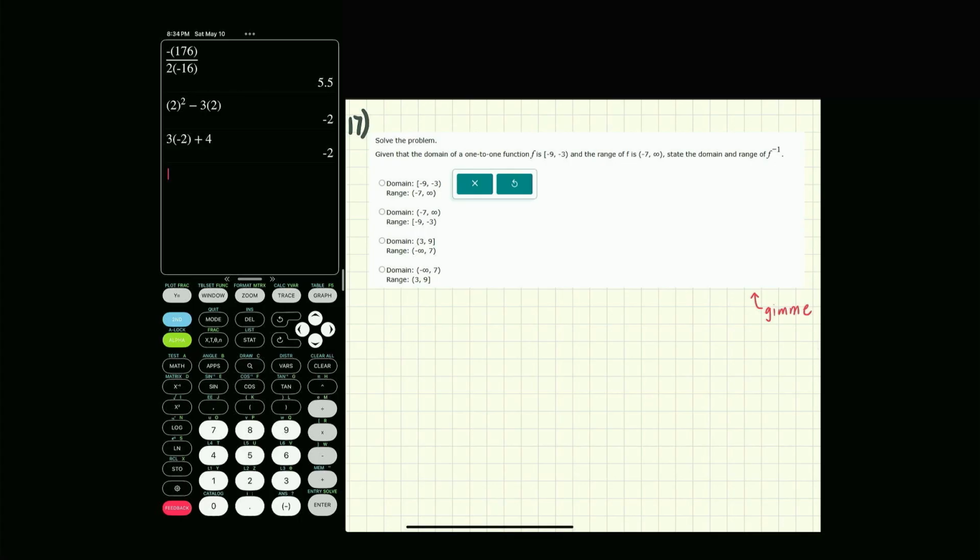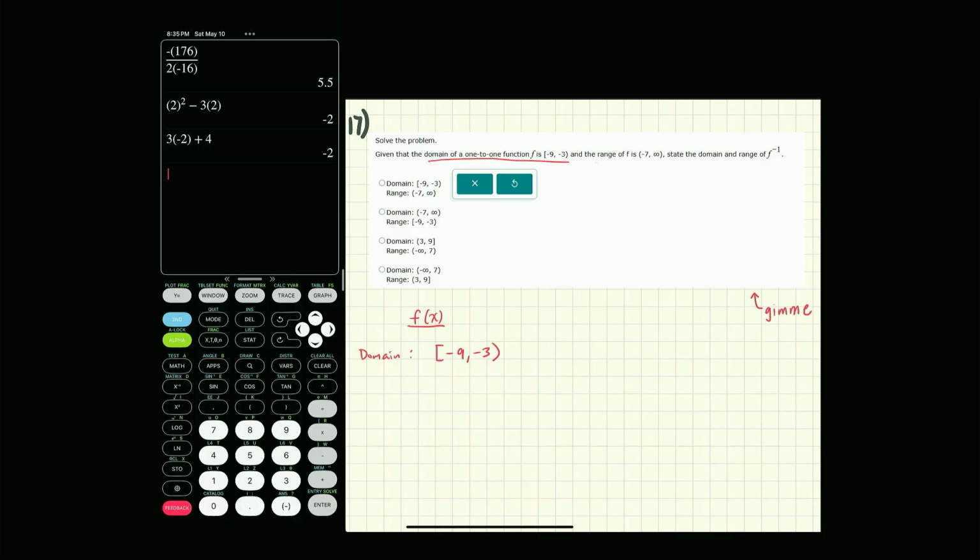We're given a domain of a function, of a one-to-one function. We're given the domain and the range. They tell us the domain is -9, -3, sorry.